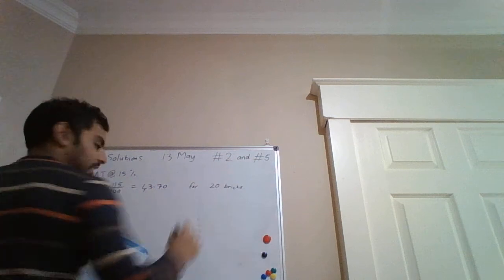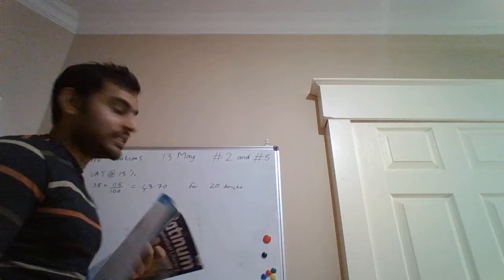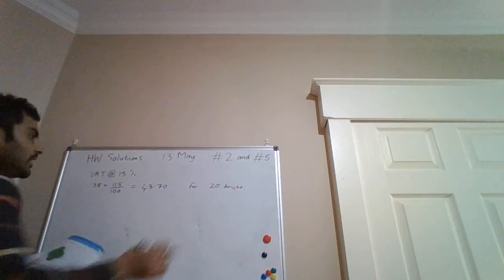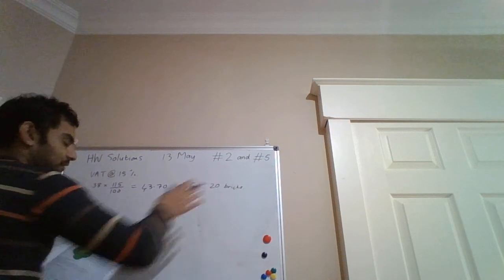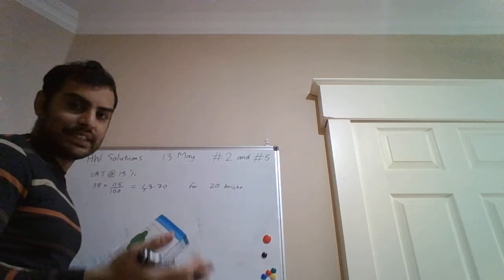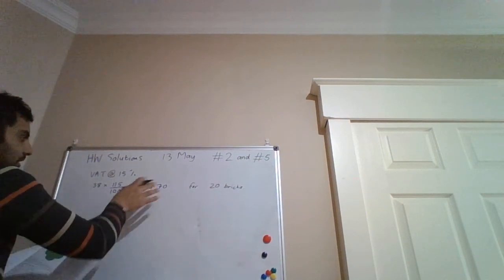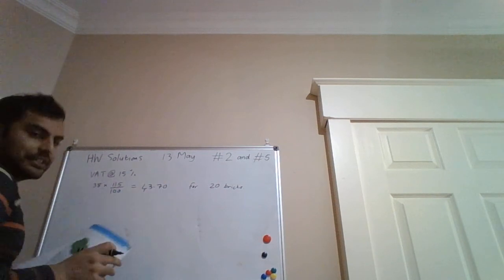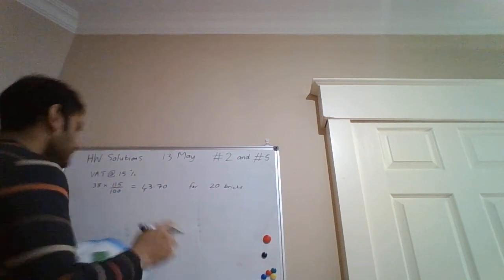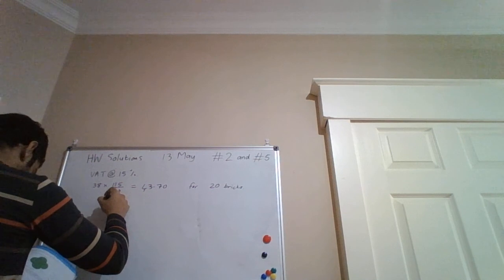In the previous question, we said we needed 80 bricks. So we need 4 lots of 20, 40, 60, 80. So we would have to multiply this by 4 as well.